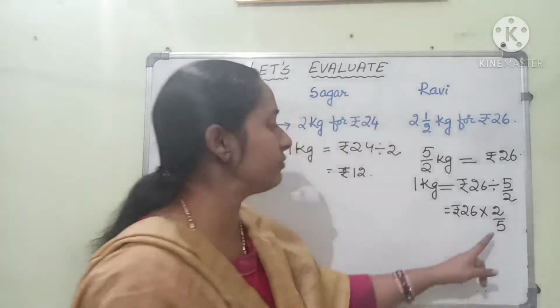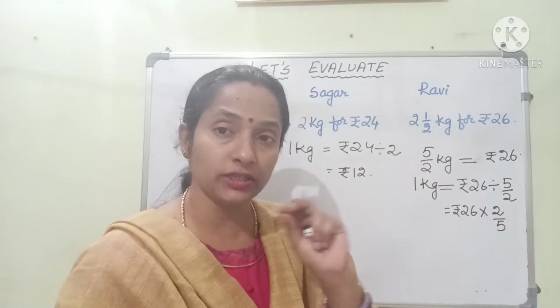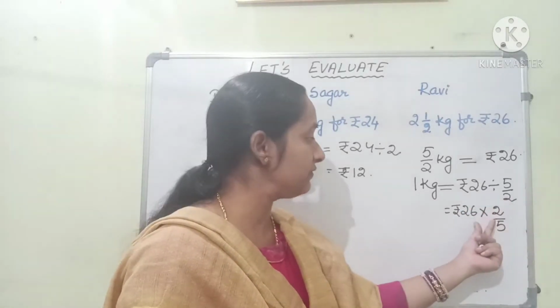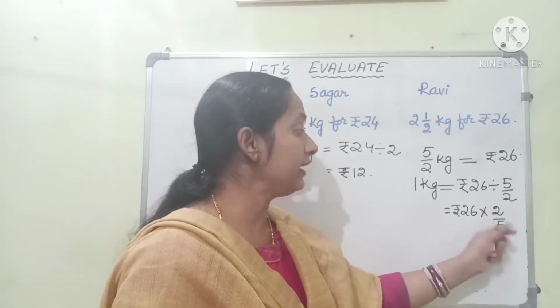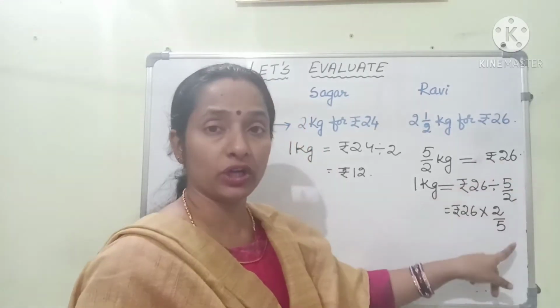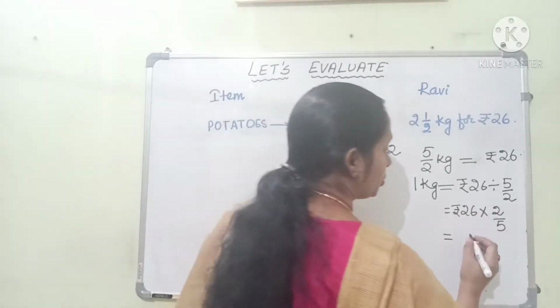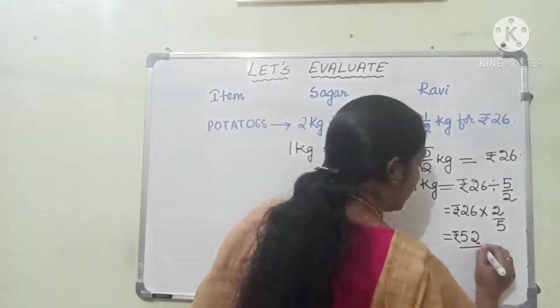Why, children, have I multiplied here? Already we have learnt in division of fractions: if the divisor is a fraction, the division sign will change into a multiplication symbol and we write the reciprocal of the divisor. So now 26 2s are 52 divided by 5.